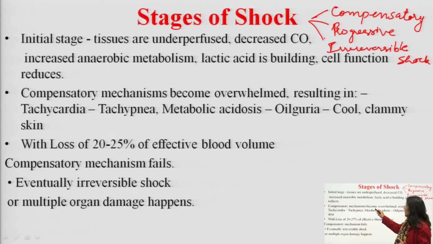So, these compensatory mechanisms become overwhelmed, resulting in tachycardia, tachypnea. Tachypnea is faster breathing, metabolic acidosis, oliguria means reduced urine output, cool and clammy skin.